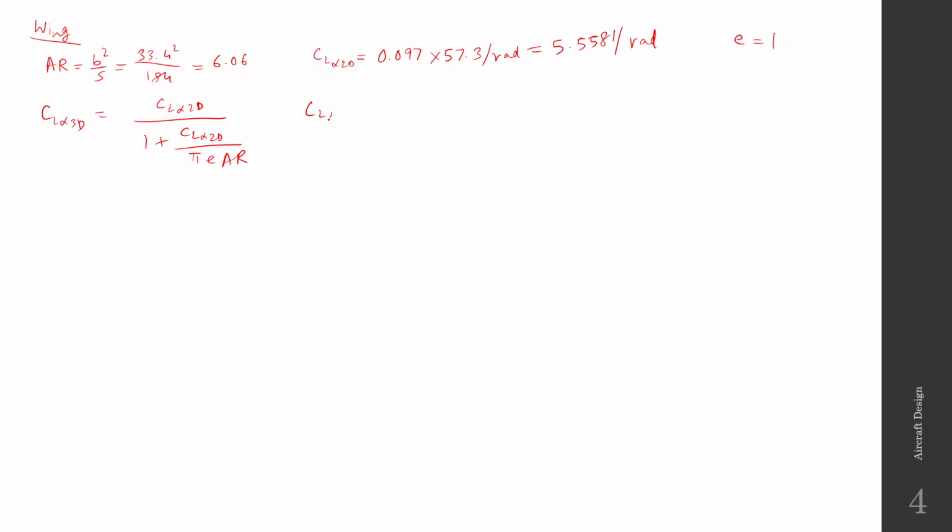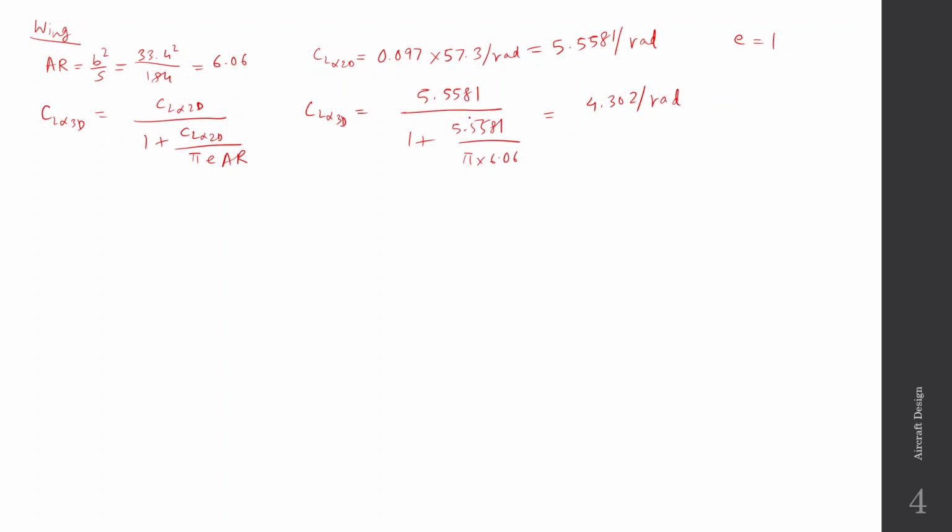So we'll get CL alpha 3D is equal to 5.5581 divided by 1 plus 5.5581 by pi into 6.06. So this comes out to 4.302 per radian.